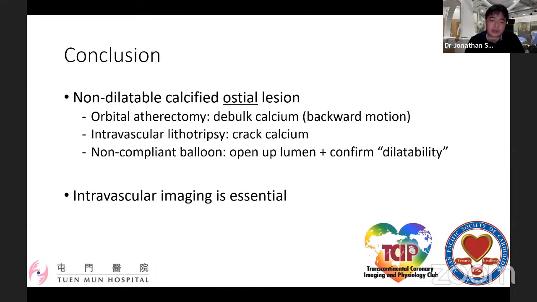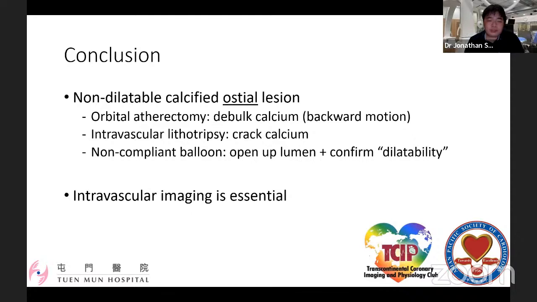And after debulking the calcium, it facilitates further cracking of the calcium ring with intravascular electrotripsy. And we follow up with a non-compliant balloon angioplasty to open up the lumen. And before we really put in a stent there, we want to confirm the dilatability of the lesion, because after putting a stent there, our options become very limited.